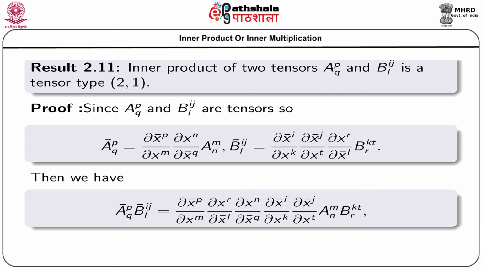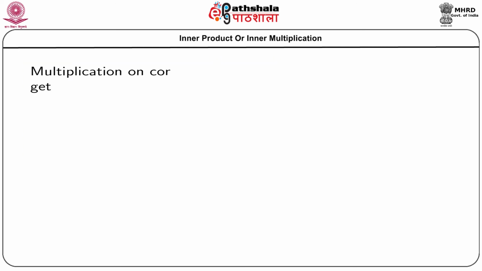for the outer multiplication of these two tensors, we have this form: A bar^{pq} B bar^{ij}_l can be written in this form, by writing them side by side, on the right hand side, del x bar p del x^m del x^r del x bar l del x^n del x bar q del x bar i del x^k del x bar j del x^t A^{mn} and B^{kt}_r.